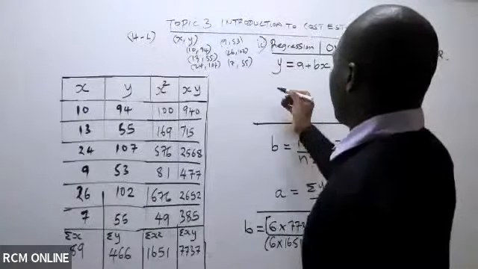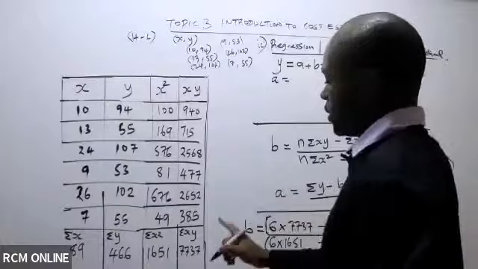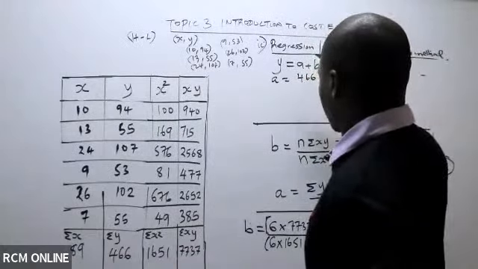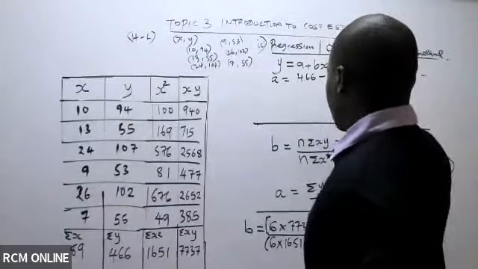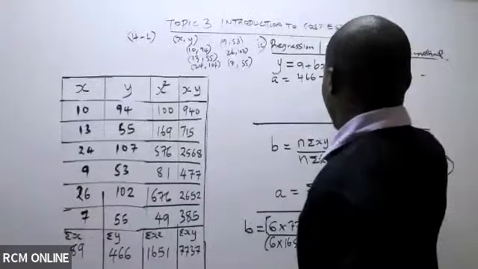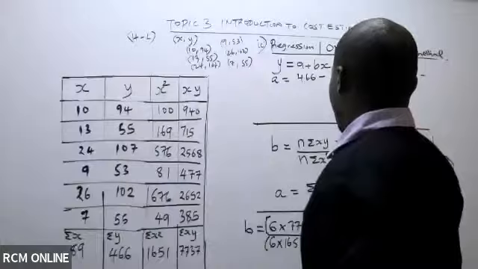So the value of A is equal to summation of y, which is here, 466, minus b times summation of x. Our b is 2.4927, right?